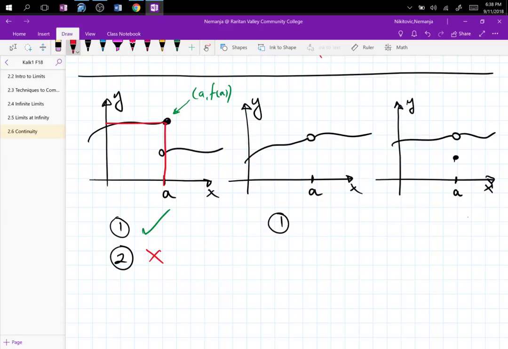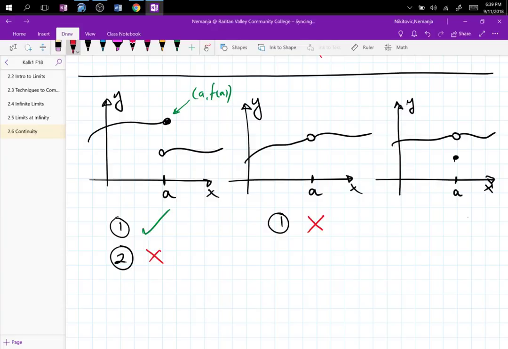Now consider this one. You shoot from A, it passes through this open circle, and it never bounces into y. So it fails on the first rule.